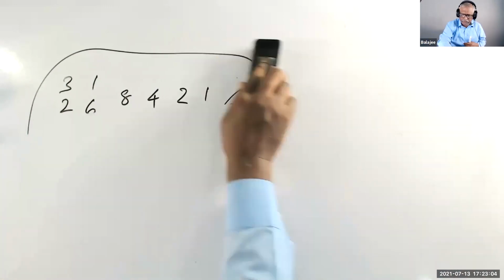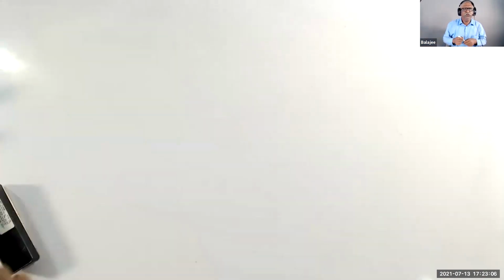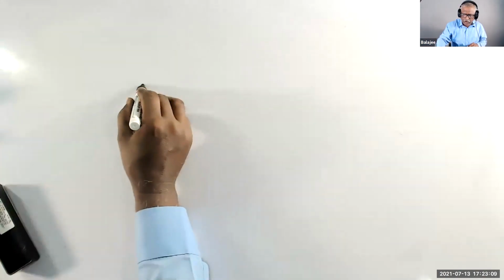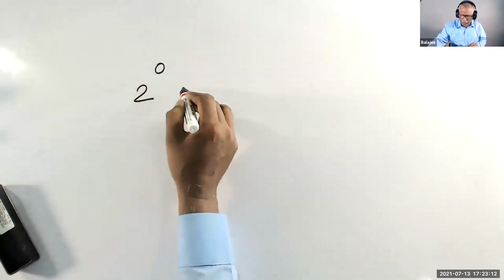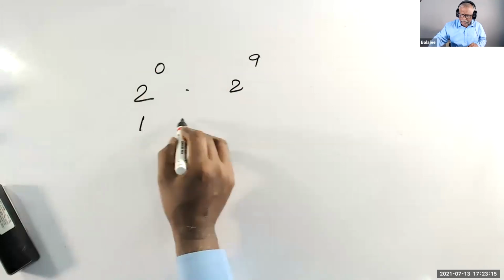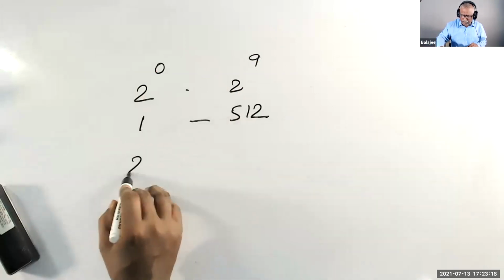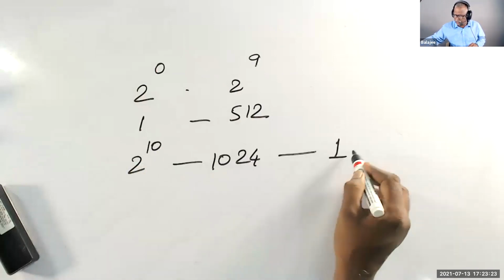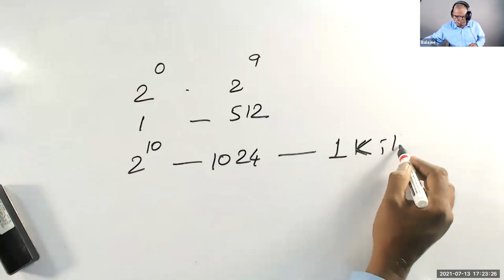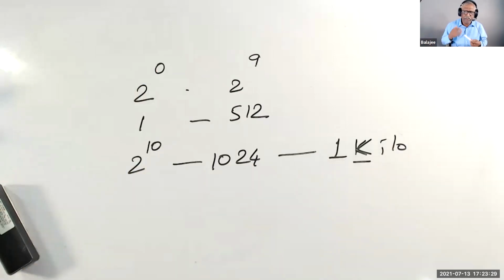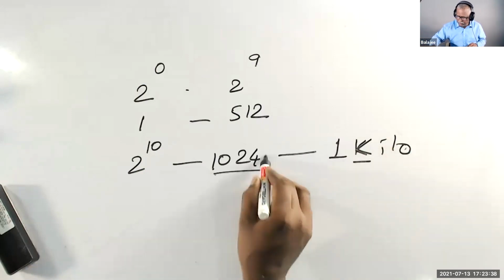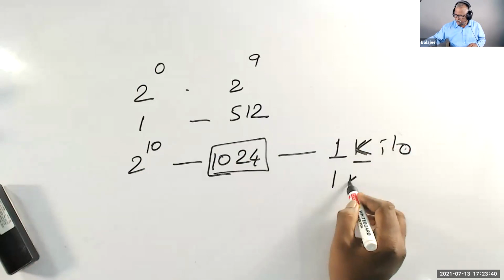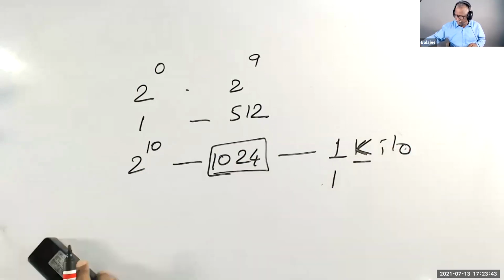Then what people did was some simplification. What is the simplification? I write 2 power 0 up to 2 power 9, that is 1 to 512. 2 power 10 is 1024, which we also write as 1K. Kilo. The kilo in our SI unit and the kilo we are using here are totally different. This kilo is 1024 in memory. Somebody writes it as Ki, kilo, but we write K. Let us not confuse.